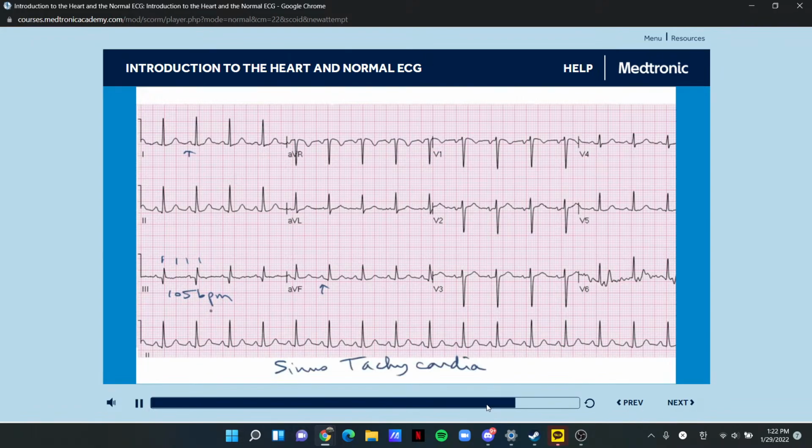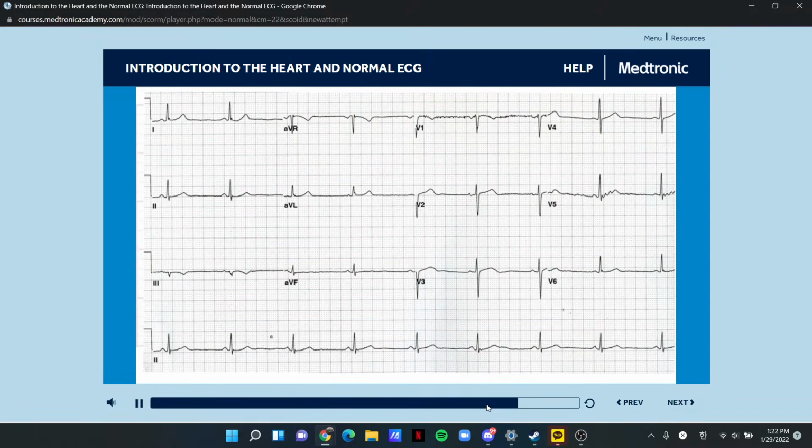is greater than 100. In this last example, you can see that the QRS complexes are a bit further apart.